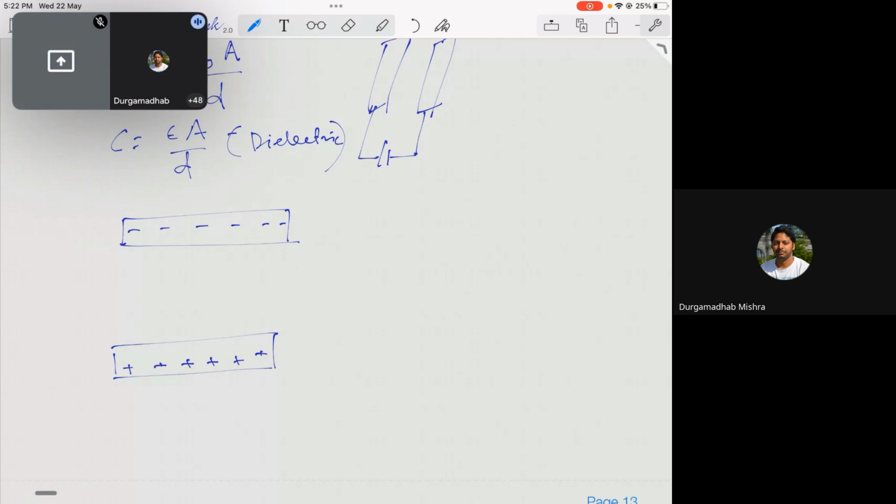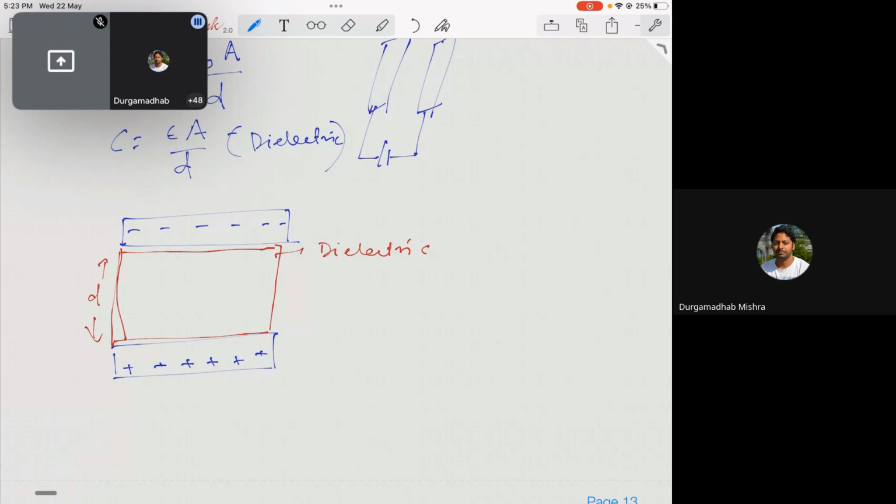Now I have introduced a dielectric within this capacitor. This is my dielectric, and let's say this distance is D. Now let's calculate the electric field within the capacitor due to the dielectric.